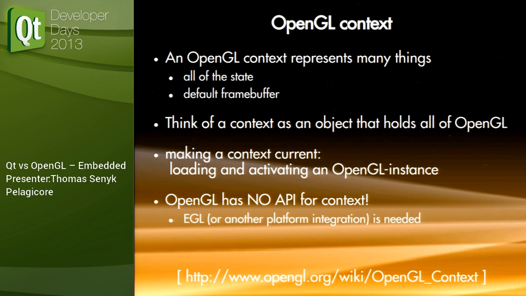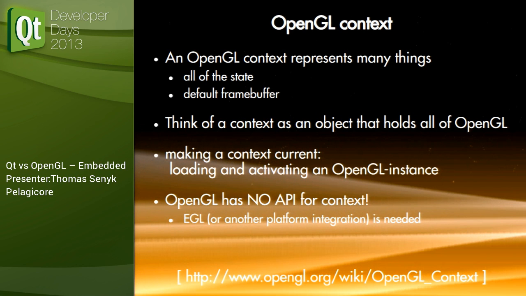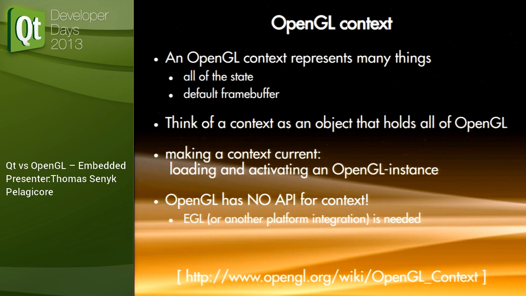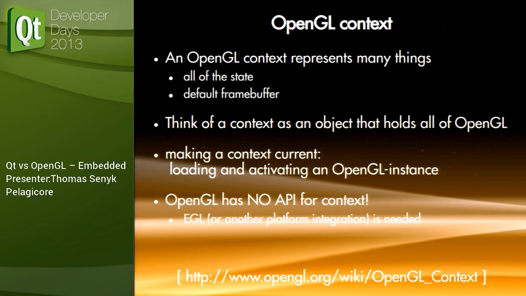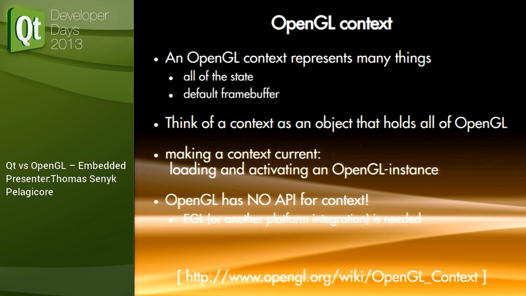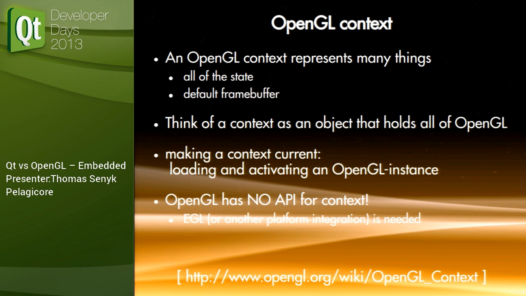It holds all the state. OpenGL is a state machine traditionally. It holds the state machine. It holds the frame buffer to render to, the surface where your OpenGL paintings will end up. So think of the context as an object holding all of OpenGL, one instance of OpenGL.